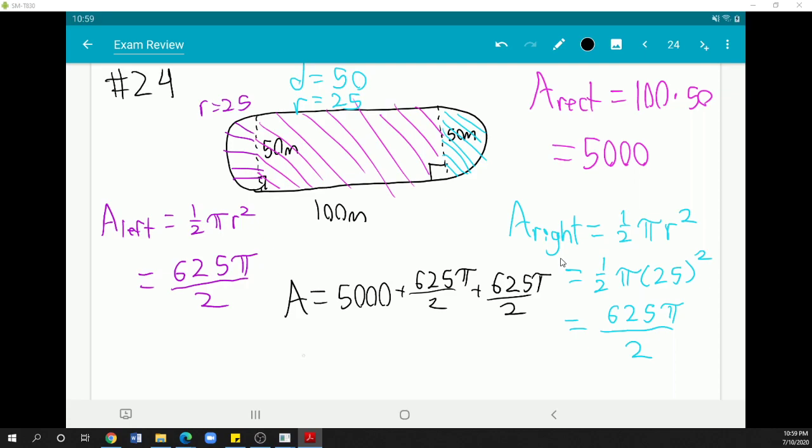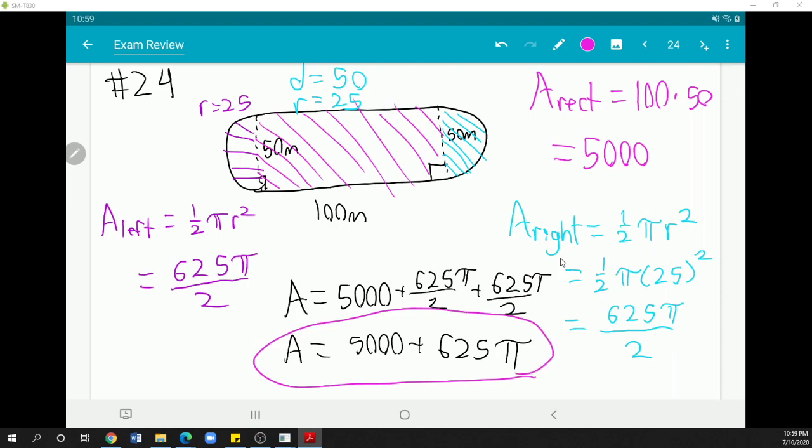So those add together and lose the 2, like 1/2 plus 1/2 is equal to 1. So I get 5,000 plus 625 pi. And if I asked you to give me an exact answer, this is what I would want you to go with.